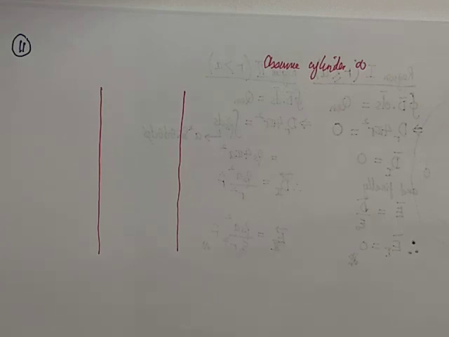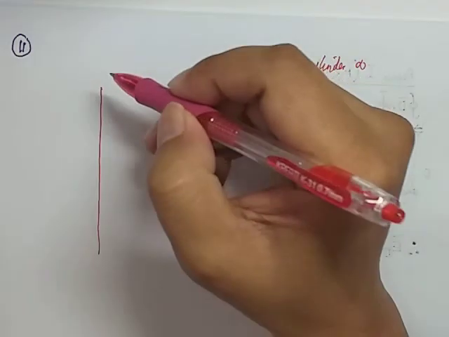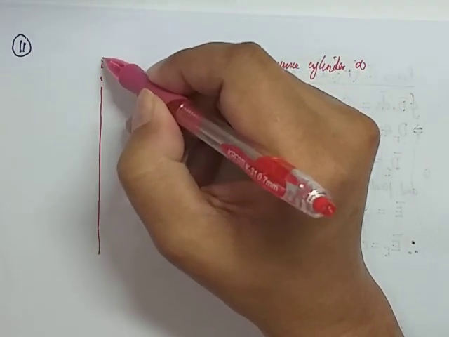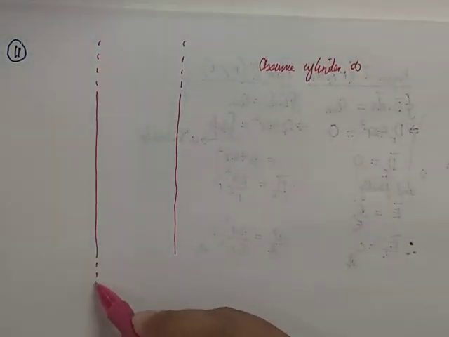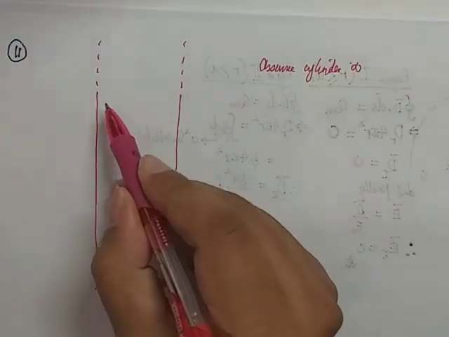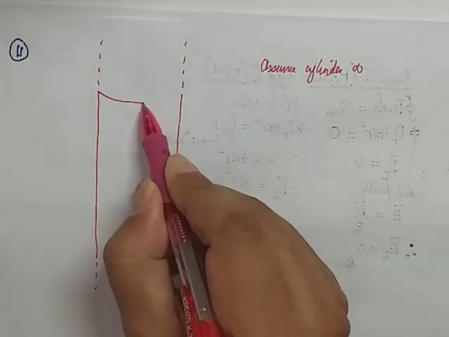Without that assumption, I cannot use Gauss law, because Gauss law can only be used for certain conditions of charge distribution, and infinitely long line charge is one of the criteria that allow us to adopt Gauss law as a method to solve this problem. So therefore, I'm going to define clearly it is infinite by drawing this dotted line. Okay, so just make it part of it. So this is our cylinder.